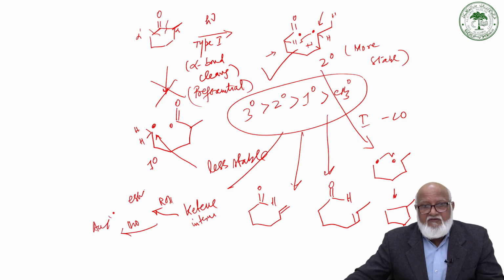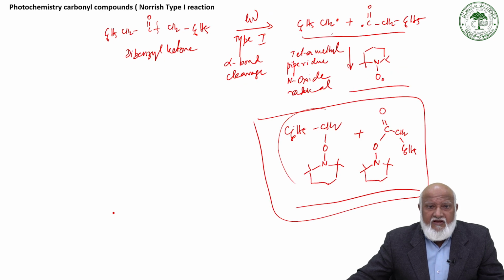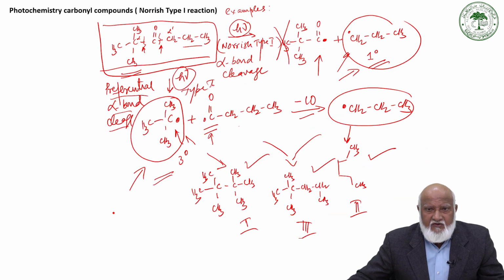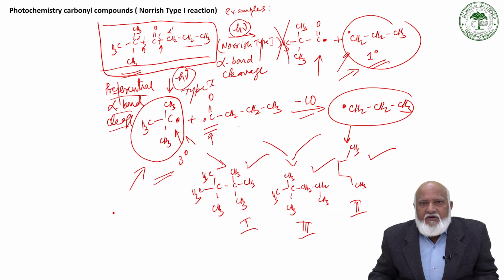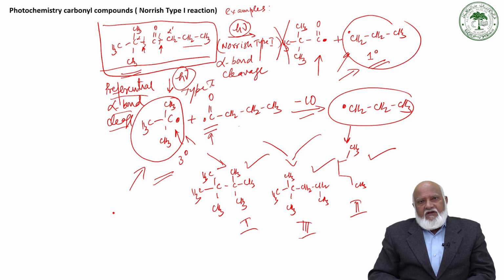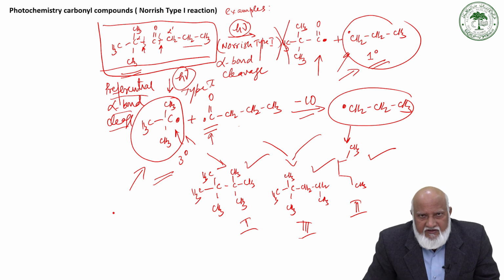So these are a few possible photoreactions which may take place during the photolysis of an alicyclic ketone, as well as during the photolysis of open chain carbonyl compounds. The most prominent reactions of ketones are mostly in alicyclic ketones.